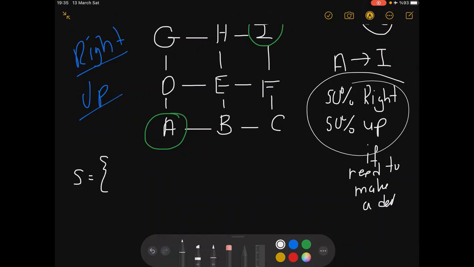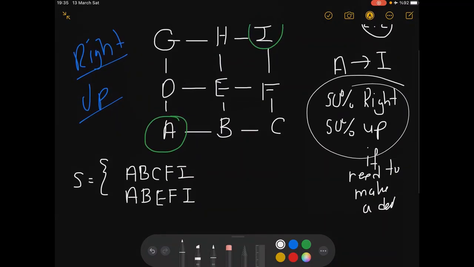Just pause the video and do it on your own if you like, but we will write this. For example, let's go A, B, C, F, I. That's possible. You will also have A, B, E, F, I. Does that make sense?